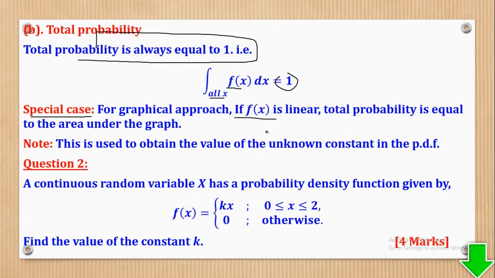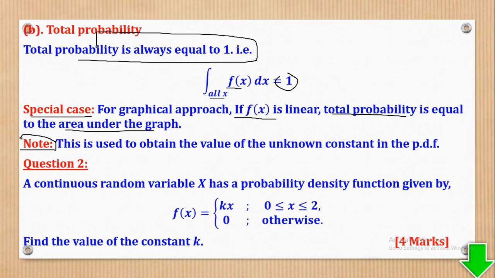If it is linear, you can still use a graph to show that total probability will be equal to the total area under the graph. So you can get the total area under the graph and it will also be equal to the total probability.